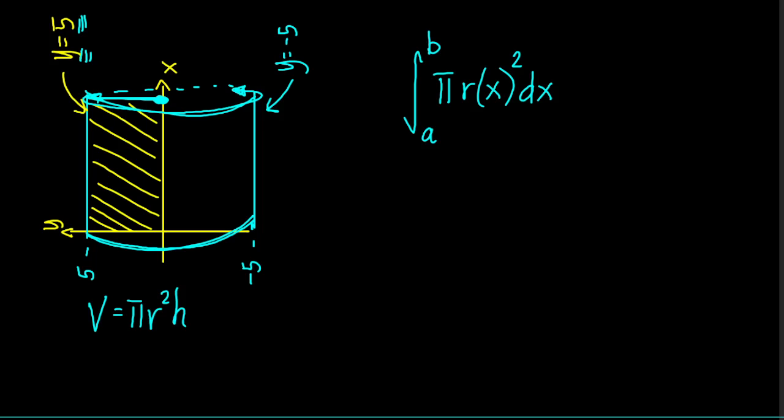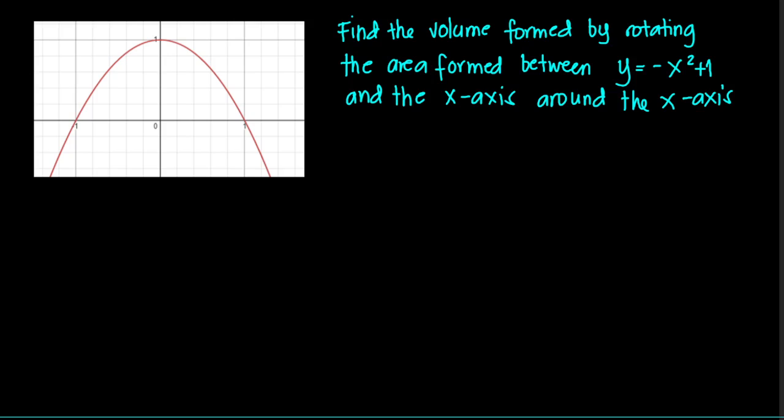Let's proceed to the example. So, this is our first example. Find the volume by rotating the area formed between y is equal to negative x squared plus 1 and the x-axis around the x-axis. So, this is our curve, y is equal to negative x squared plus 1. And this is our x-axis.